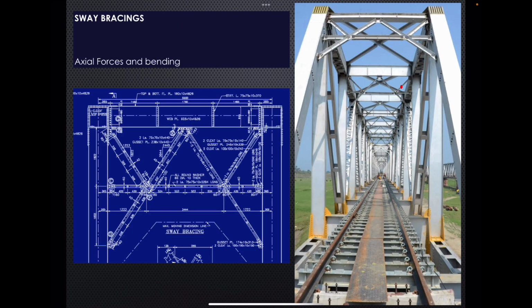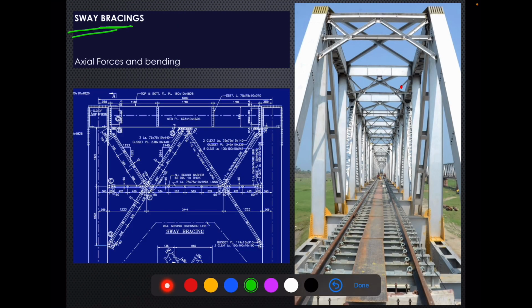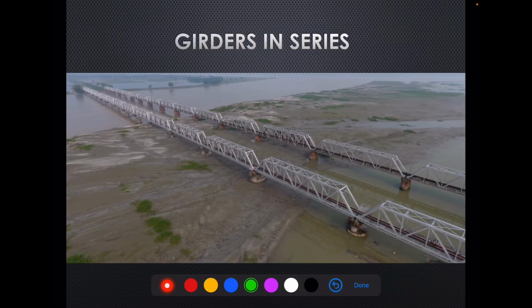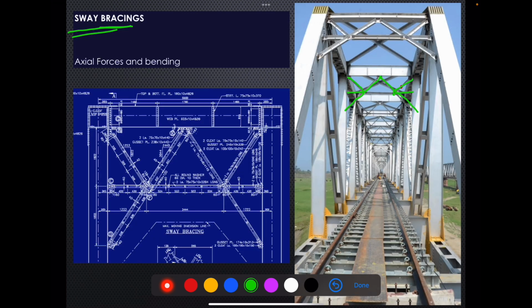Then let's move to the sway bracings. Sway bracings are represented by this red dot here. So basically this, and this, and this. This is typically our sway bracing, and we have to design it for axial forces and bending.